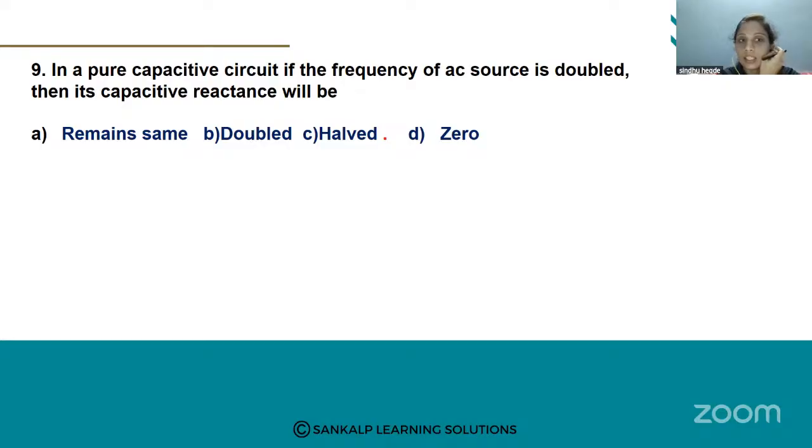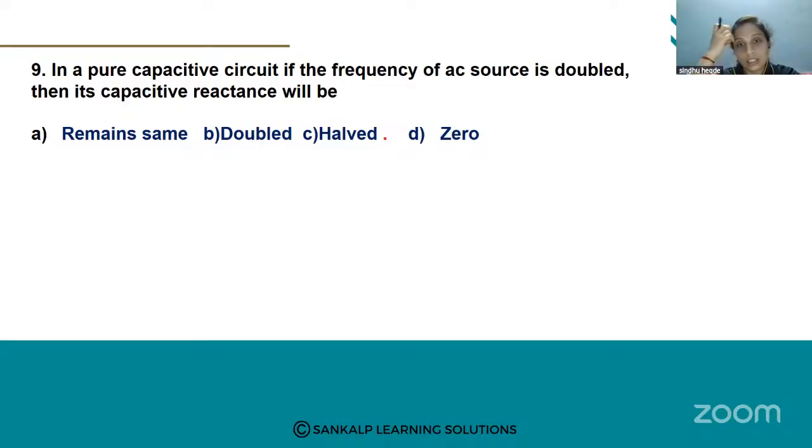What it means, in a pure capacitive circuit alli frequency of AC source ಏನ್ ಬರ್ತಾ ಇದೆಯೋ ಅದು ಏನಿದೆಯಂತೆ ಡಬಲ್ ಇದೆ ಆಯ್ತಾ. Then its capacitive reactance, ಅಂದ್ರೆ capacitive reactance ಗಿಂತ frequency of AC source is double. Okay. If we ask, then what would the capacitive reactance be? Frequency double ಇದೆ ಅಂದ್ರೆ ಆ ಟೈಮ್ ಅಲ್ಲಿ capacitive reactance ಆಗಿರುತ್ತೆ ಅನ್ನೋದು ಕ್ವಶನ್.